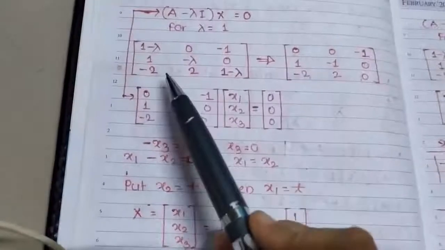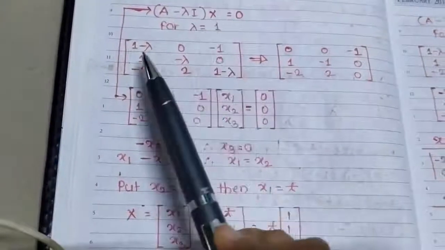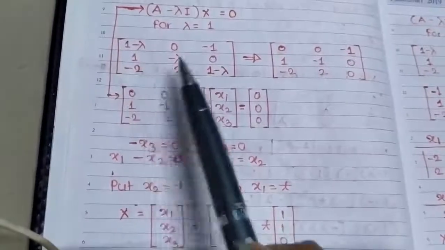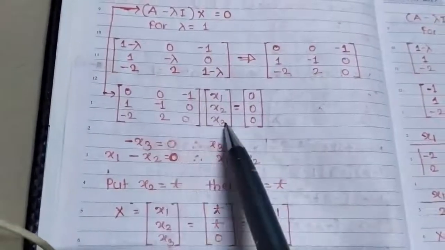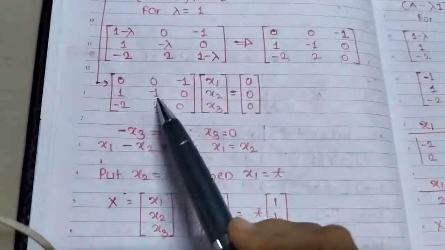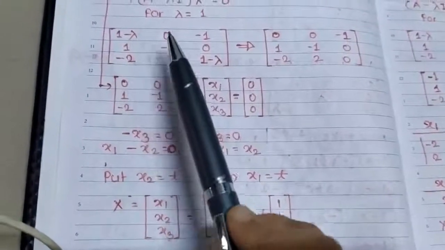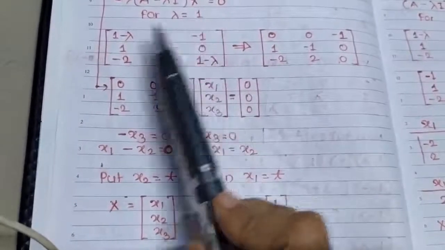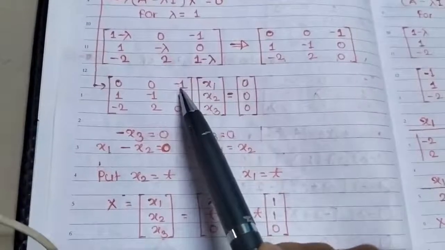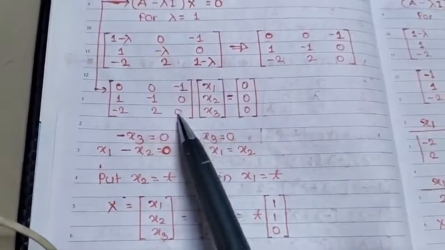Very simple. Put lambda is equal to 1 in A minus lambda I, then find out the values. We know how to put the values. Okay, let's see. When lambda is equal to 1, 1 minus 1 is 0, only minus 1, then minus 1 and 1 minus 1 again 0.